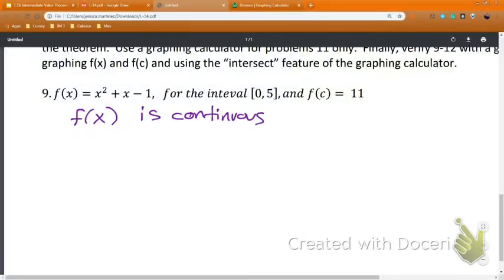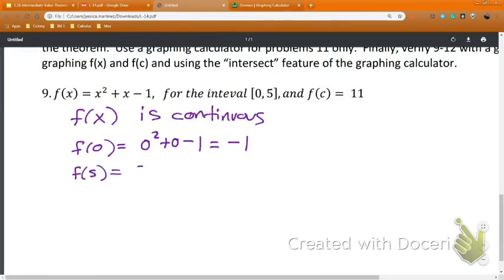Great. The next thing is that we need to guarantee that the function is going to equal 11 on the interval from 0 to 5. So here's how we do that. We need to calculate f of 0, and we need to calculate f of 5. For f of 0, if I plug 0 into that function, I get 0 squared plus 0 minus 1, which, if I can do my math correctly, is negative 1.